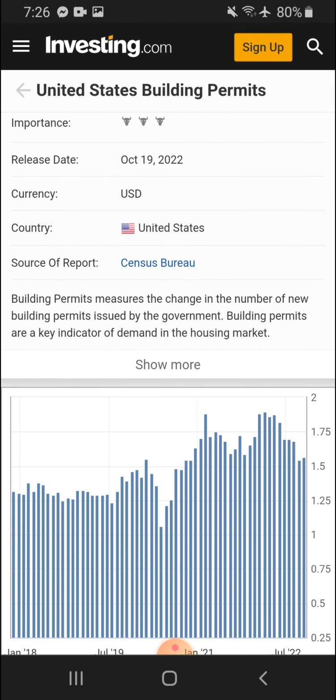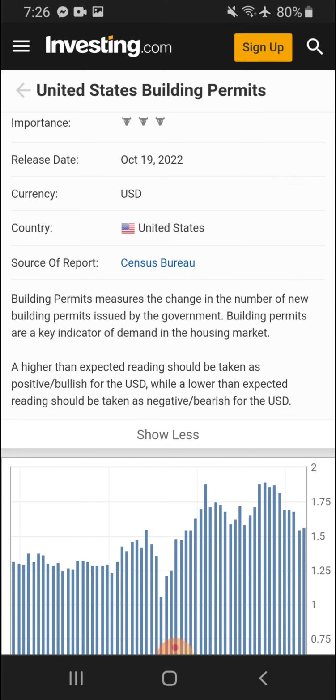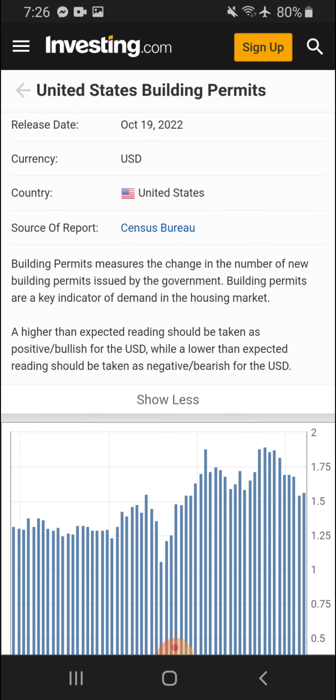So construction could be anything, residential housing, apartments, hotels, a big real estate project like a huge skyscraper, some kind of business or residential building, tower, apartment complex, housing complex, grocery complex, mall, or anything like that. So it's saying that building permits are a key indicator of demand in the housing market.